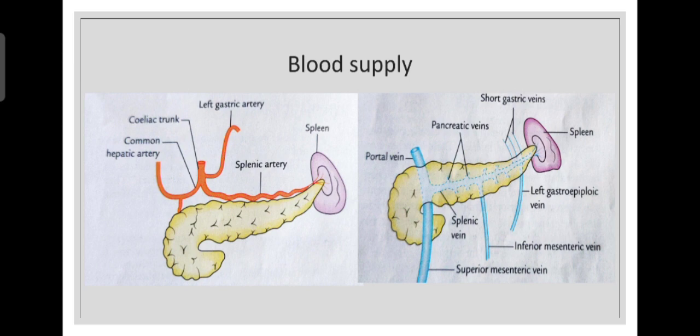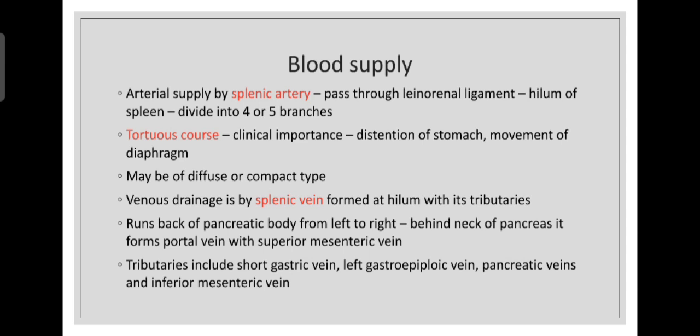Then the spleen is classified as diffuse type or compact type. It is based on the branches of the splenic artery. When the branches split early, and only the branches reach the spleen, it is called the diffuse type.